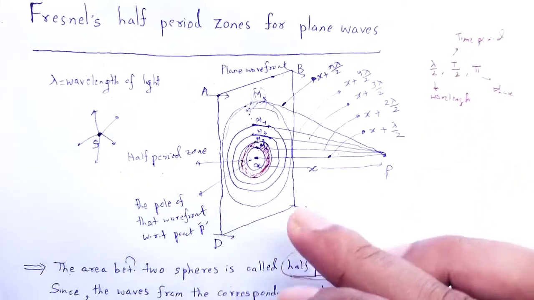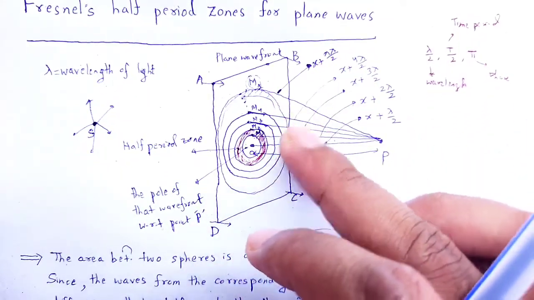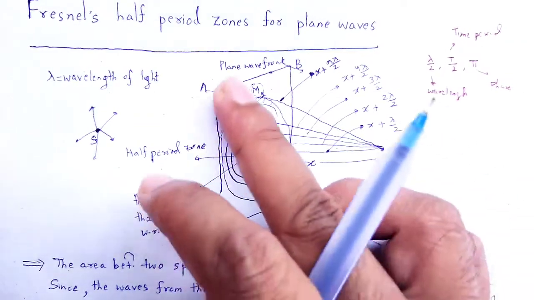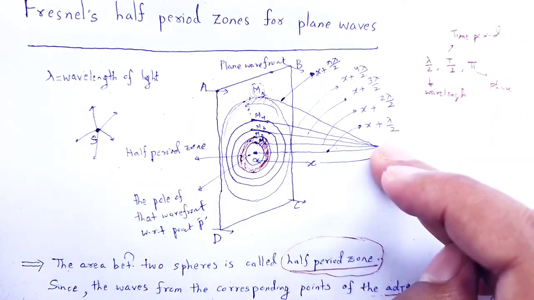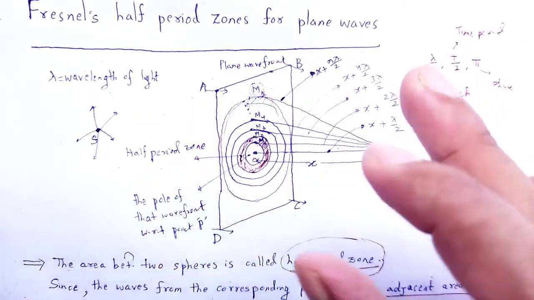There are a large number of such half period zones. We have to calculate the resultant amplitude at point P due to the entire plane wavefront.